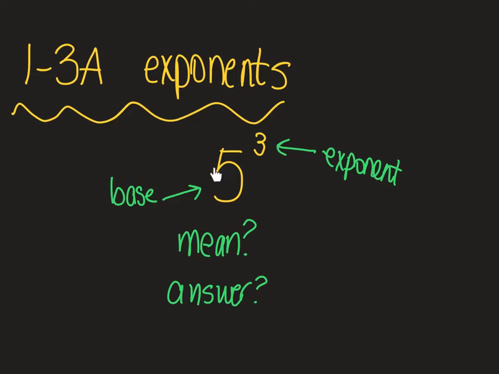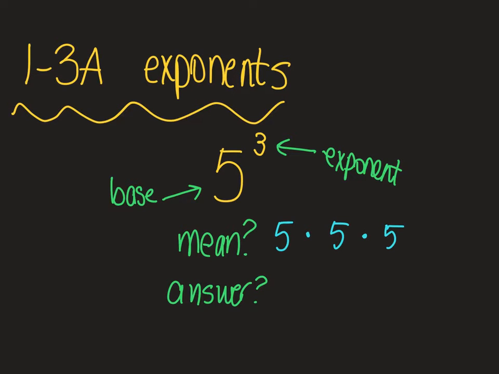The base tells you how many of what, like what are we even dealing with here? So we've got 3 of these guys, and they're all going to be multiplied together. It would look like this: a 5, a second 5, and a third 5, all multiplied together.